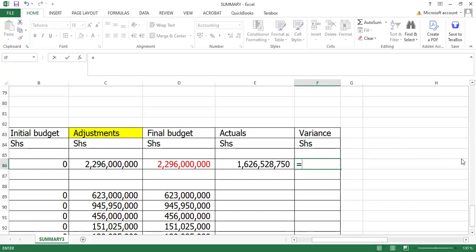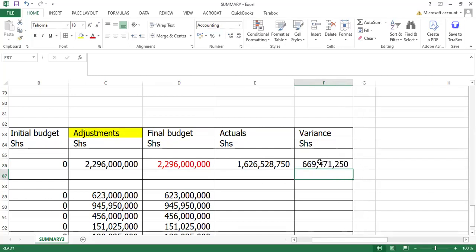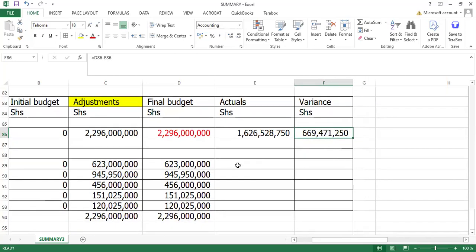And the balance is your unspent amount. This is the variance. Yes, you have a variance which is positive, but that is not your money. You're going to refund it back.